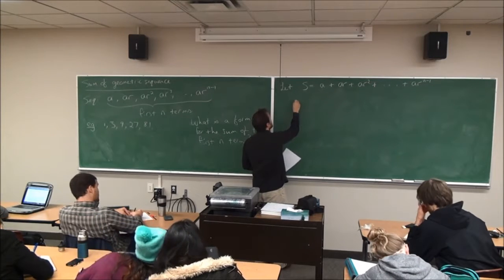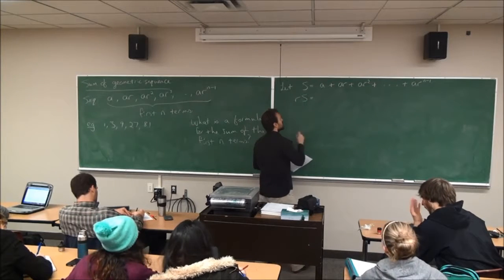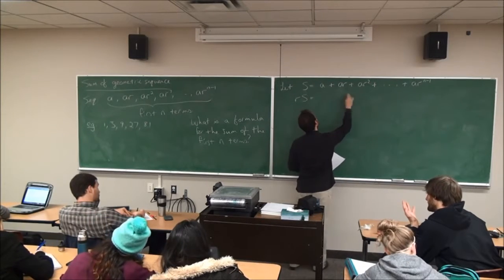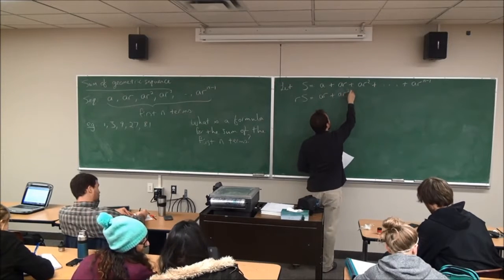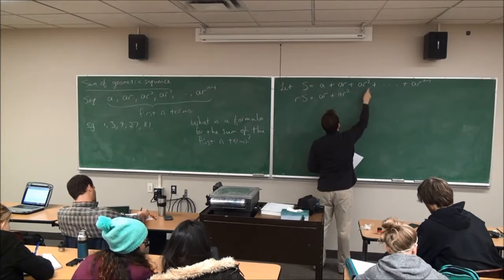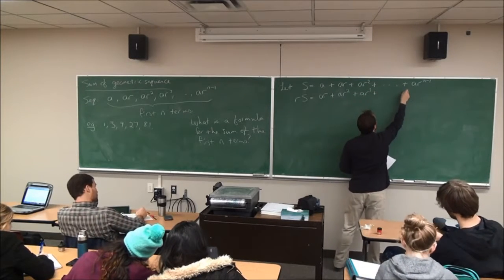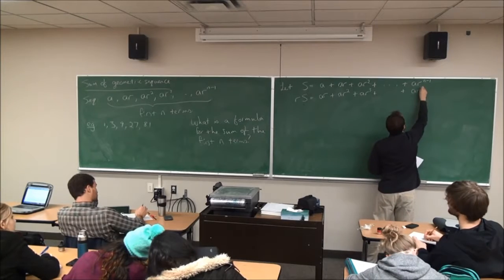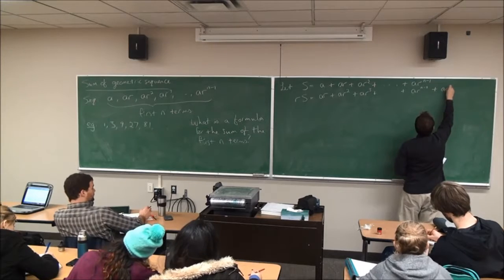Next, I'm going to say r times S. Well, r times S, don't write this down yet, is a times r plus a times r squared, every one times r, plus a times r cubed, plus all the way, I'll have this one coming from the previous one, and I'll have this.